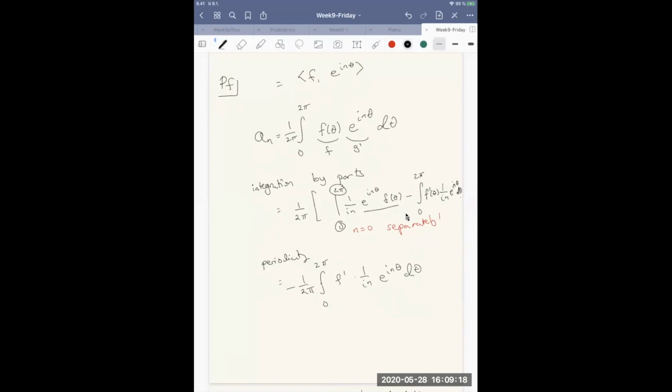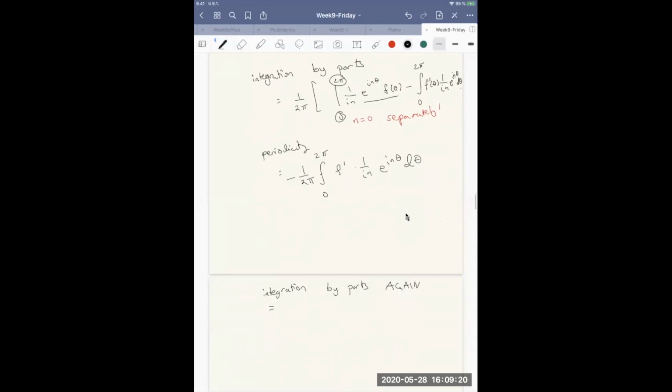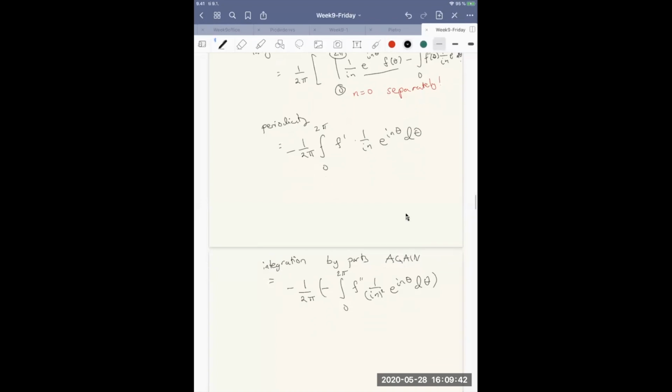But we can apply this again, and if we do exactly the same as before, we get 1 over 2π, and minus the integral from 0 to 2π of f double prime times 1 over (in) squared e^{inθ}. So minus times minus is plus, and i squared is minus.